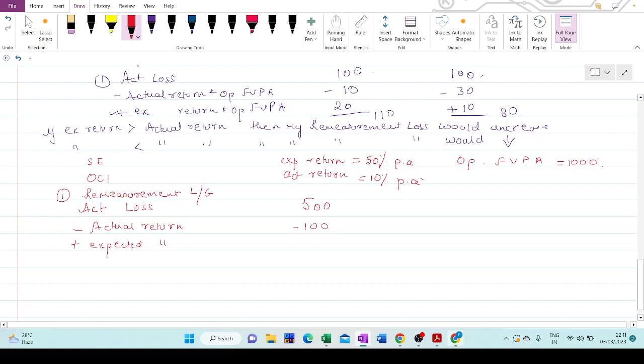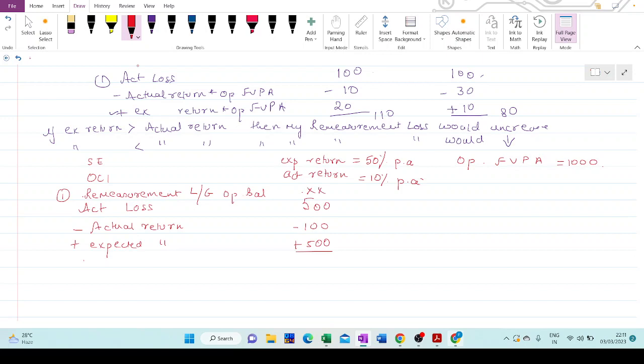My expected return is how much? 50% of 1000, that is 500, right? So guys, my opening balance would be 0. Opening balance of remeasurement gains and losses is 0. Why? Because we've just initiated the pension plan, right?